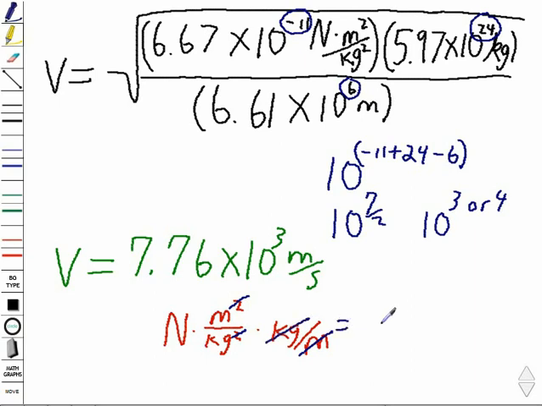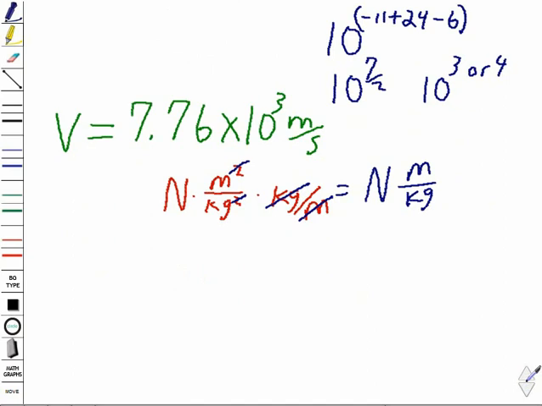So that leaves me with a Newton times a meter over a kilogram. As we look at this, this doesn't look like meters per second. But if we remember what newtons are, a Newton is equal to a mass times an acceleration, which would be kilograms times meters per second squared.